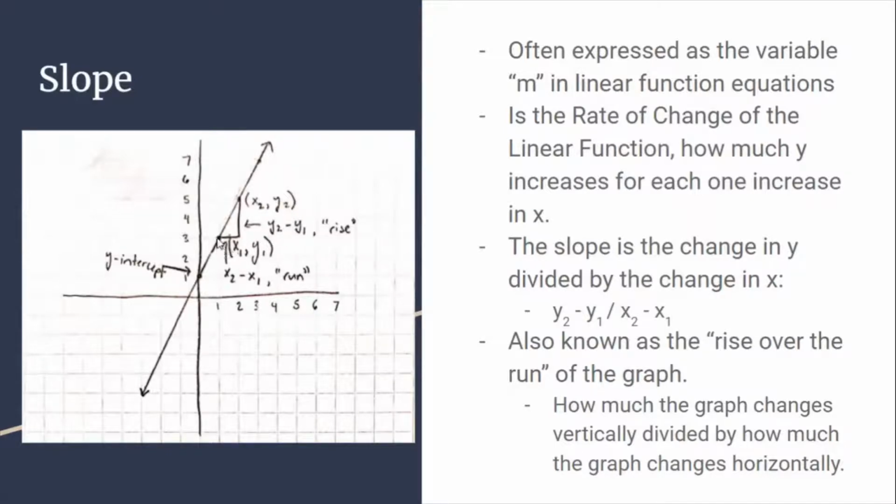This horizontal line represents x2 minus x1, or the change in the horizontal direction, or the run. When you put this change in y over the change in x, you receive the slope. As we said, the slope essentially says how much the y changes for each one increase in x.